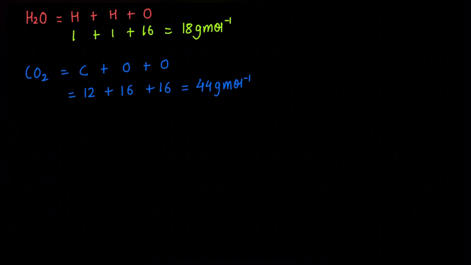Let's try it for a bigger molecule, H2SO4, that is sulfuric acid. We have hydrogen plus sulfur plus oxygen. Instead of writing oxygen four times, we can write it as 4 times oxygen.